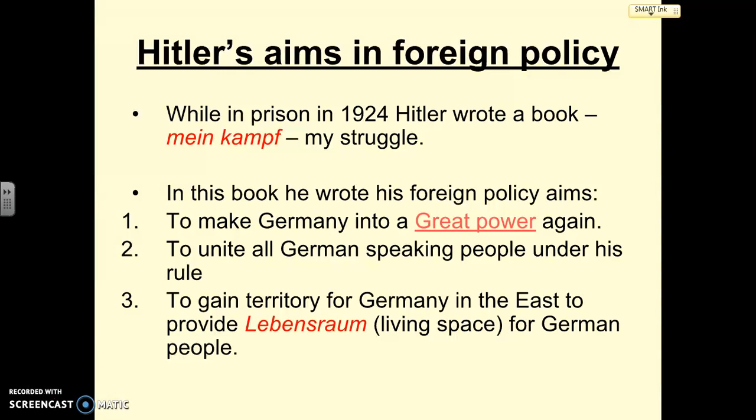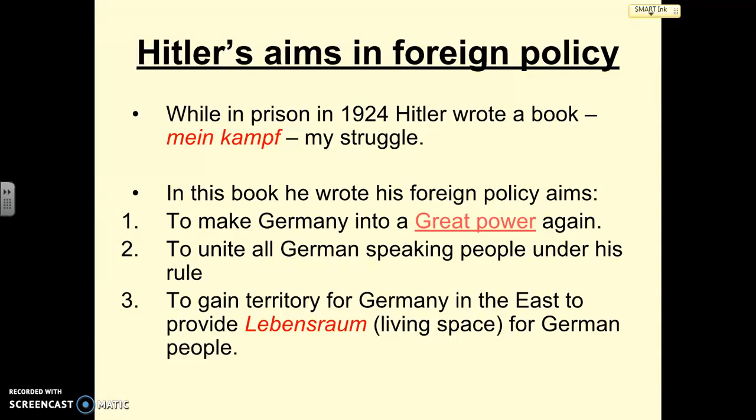The second aim is to unite all German-speaking people, regardless of borders. A lot of times Hitler gets the rap of wanting world domination. And it's not so much that he wants world domination as much as he wants to unite all German-speaking people.